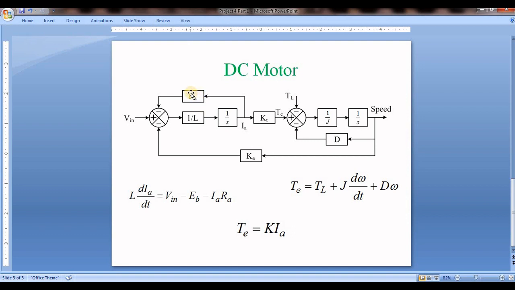I can make RA a constant, and L a constant, and D and J too, like K and Kt, I can calculate from some equations, so that I can design a generalized DC model, which can be used to vary the motor parameters like RA and L. So now I will show you how I can design the model in MATLAB. For simplicity, I consider a per unit system in designing the model in MATLAB.